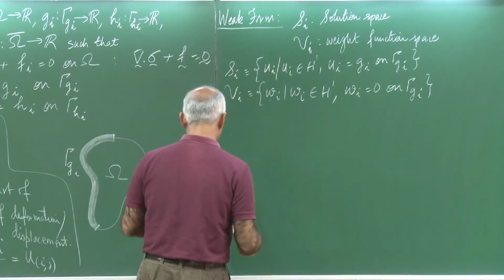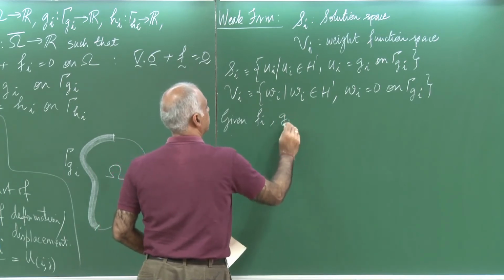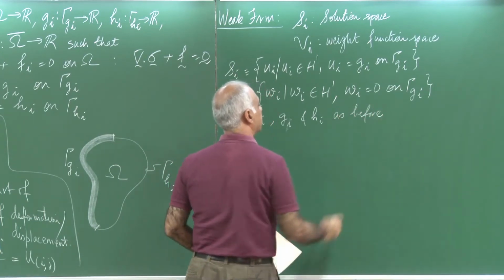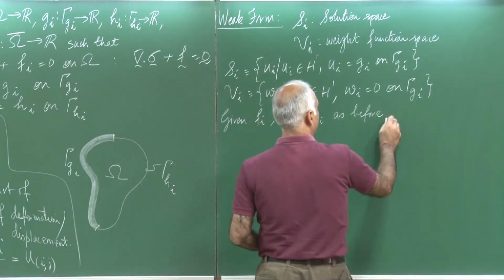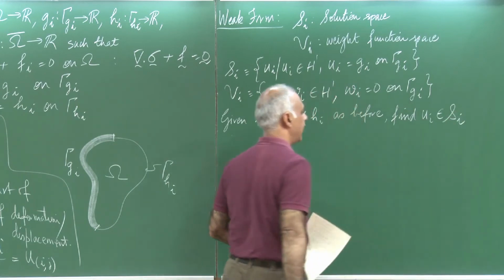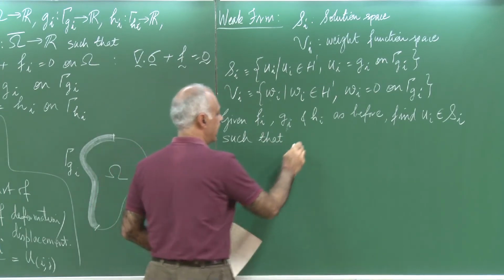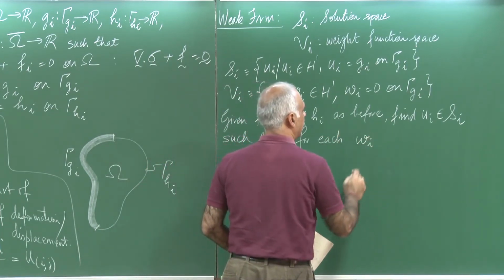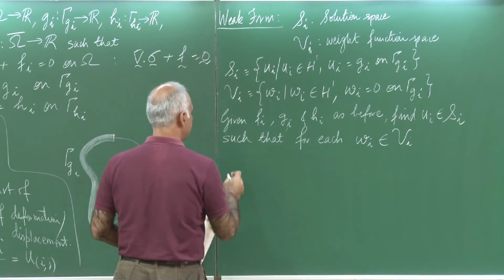The statement of the weak form is the following. Given f_i, g_i and h_i, as I have defined already in the strong form, so I do not want to rewrite it, I must find u_i that belongs to the space S_i such that I can choose any w_i I want, and for each w_i that comes from the space V_i, I must satisfy the following.